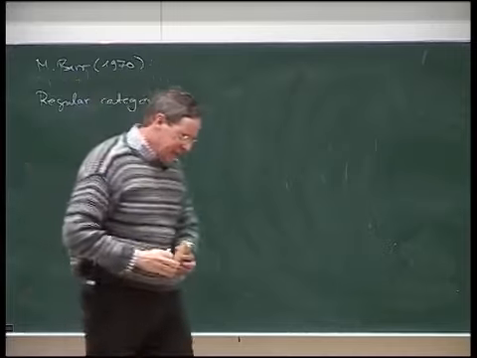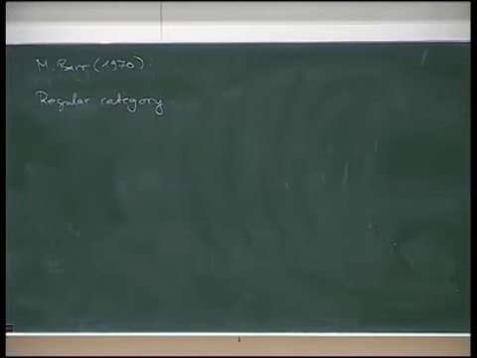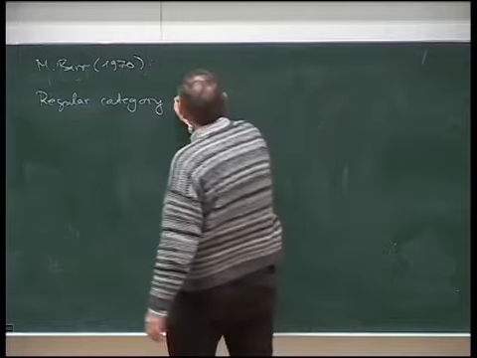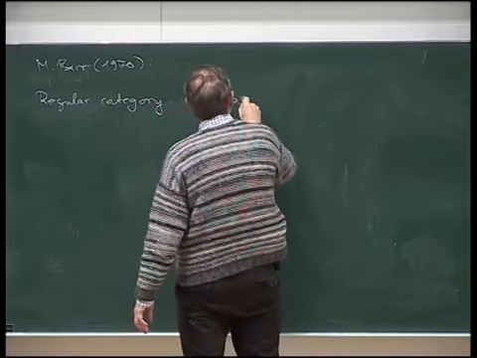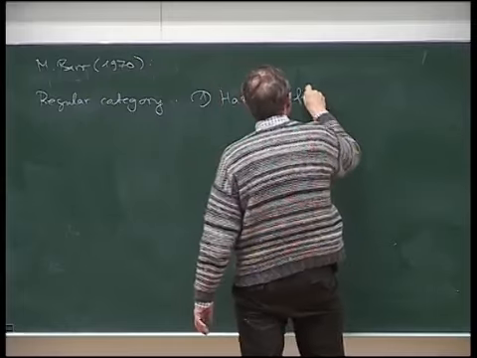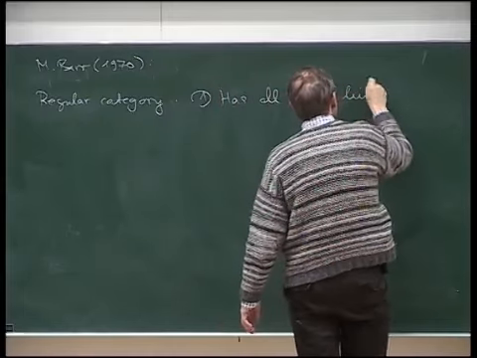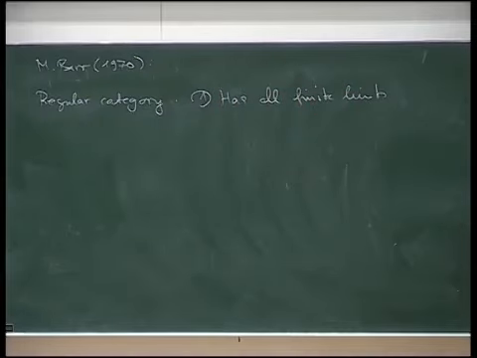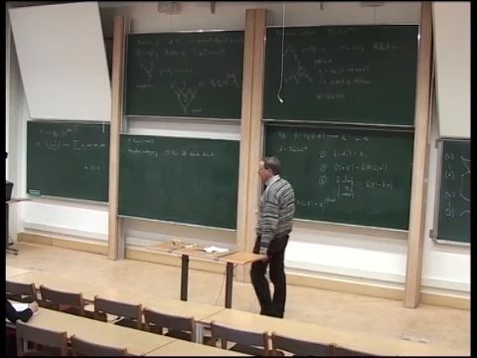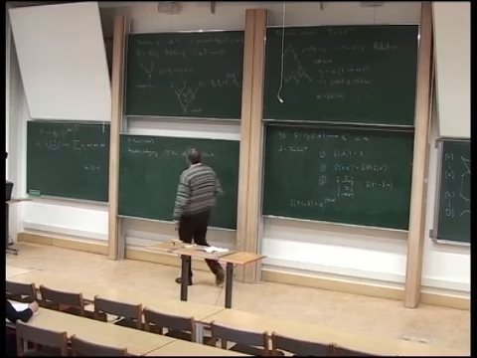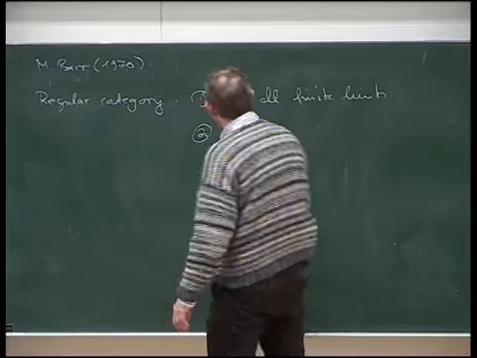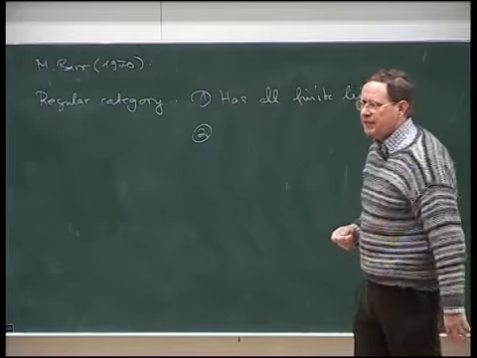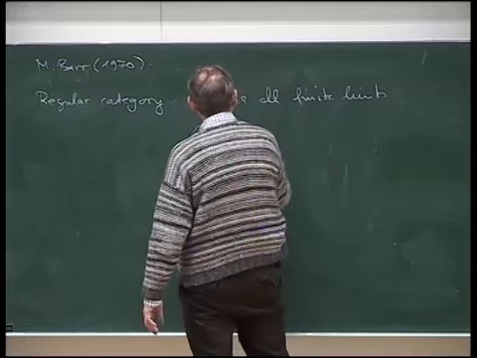A regular category is one which has all finite limits, in particular direct products and a terminal object, which is the empty finite limit. Second, it also has images. Every morphism has an image.